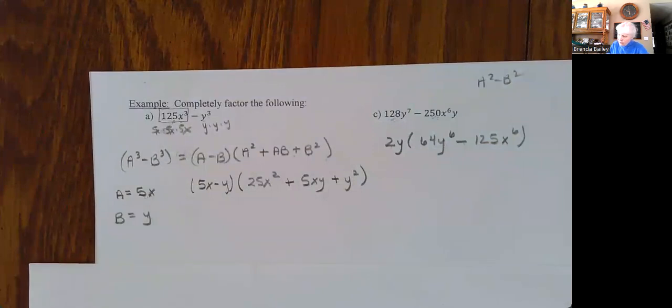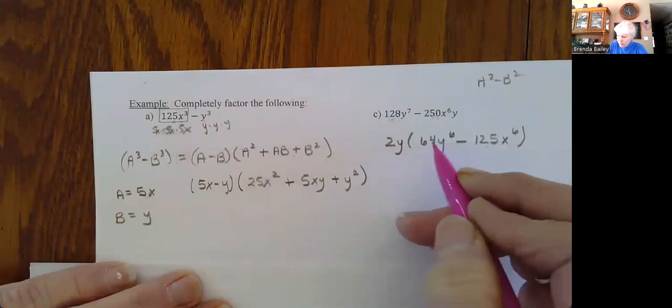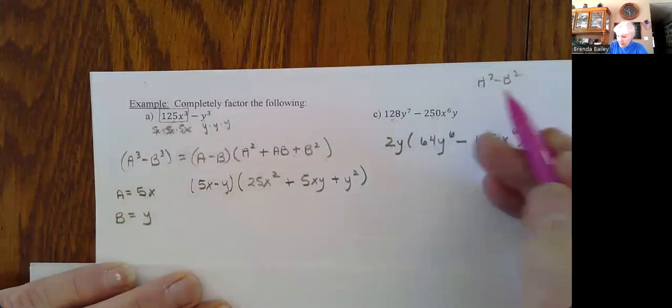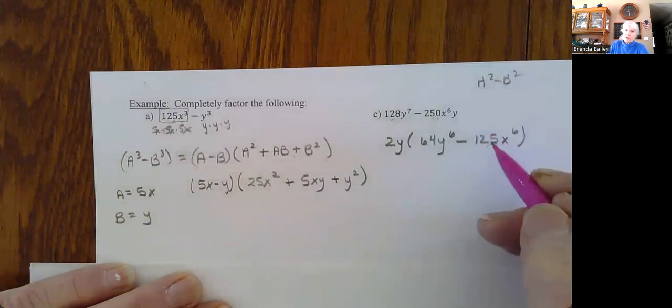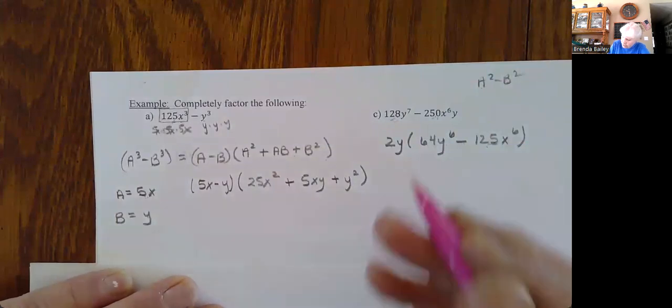All right, so what we'll do is, this is a difference of 2 cubes. It's not a difference of 2 squares, because y to the 3rd times y to the 3rd, and 8 times 8. So it fits that, x to the 3rd, x to the 3rd, but nothing squared gives you that, other than with a radical. So we'll do cubes. So we've got our 2y.